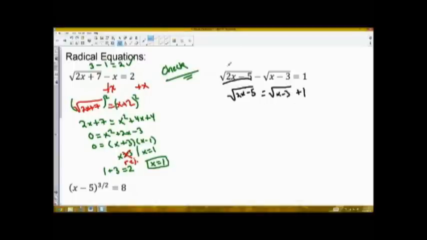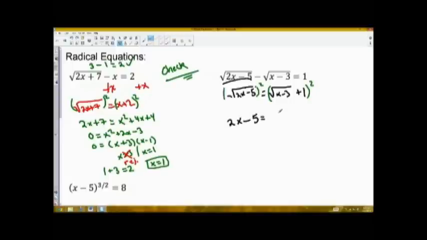Now, what happens when I square it this time is, again, I'll have to FOIL the right-hand side, but what ends up happening is that I'll end up with an extra radical in the middle. So when I expand these values, the square and square root cancel out. I have 2x minus 5.